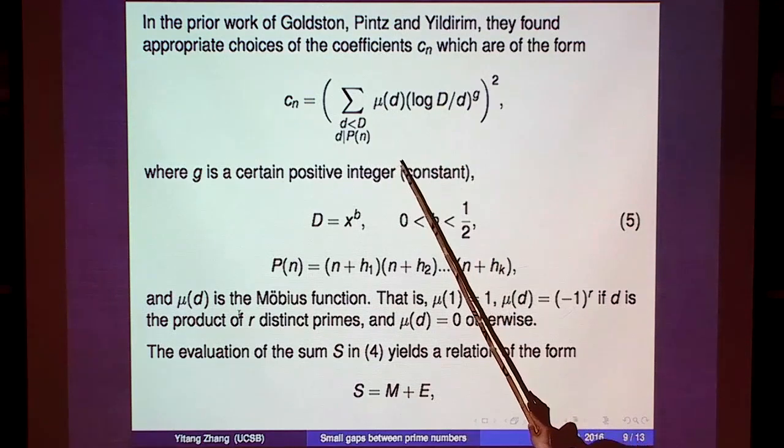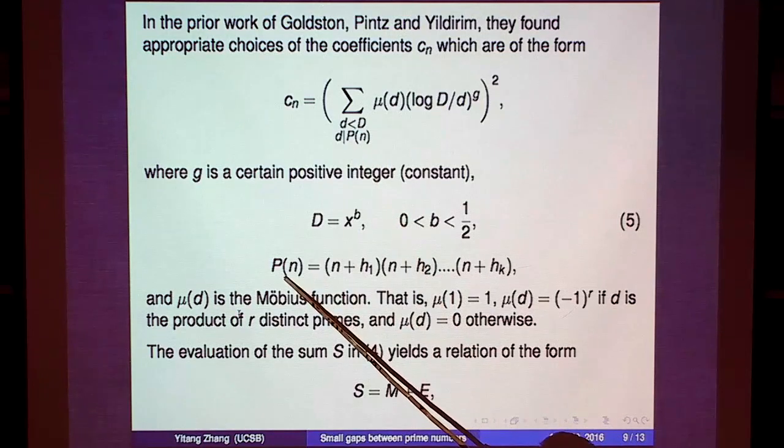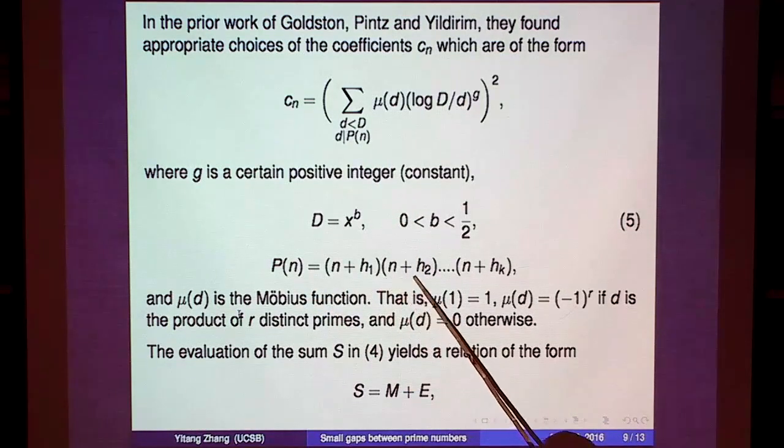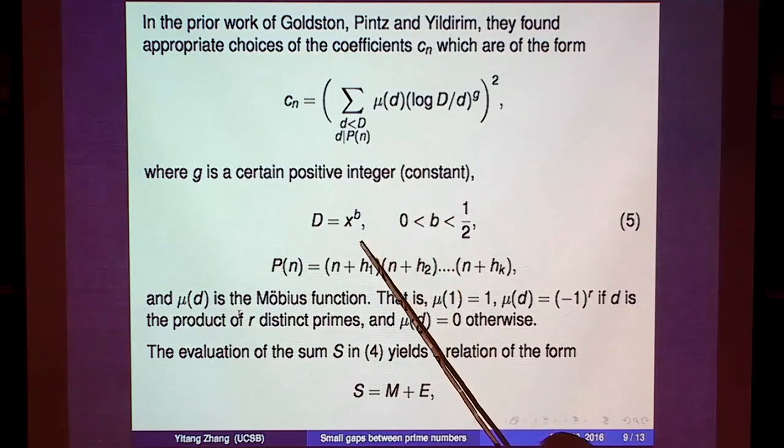And that is the D. The D divides the P of n. That's so complicated. And the D has a restriction: D is less than another value, capital D. Here, I apologize. It should not be X. This should be the capital N, not X. Sorry about that.